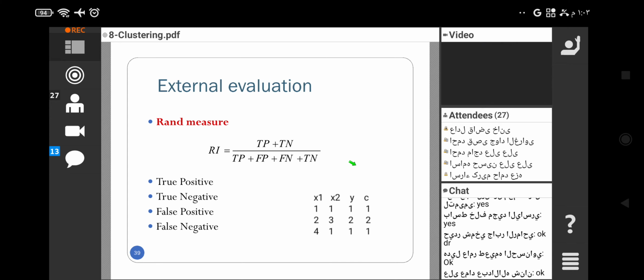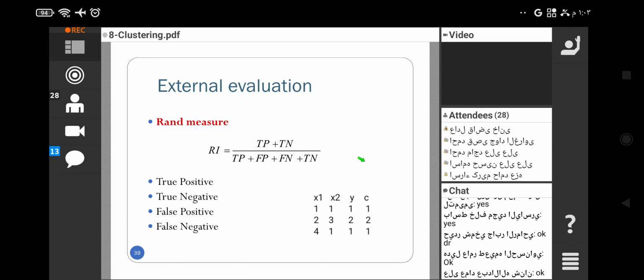The only point when we want to use this Rand measure is that we need to define which cluster is y equal to 1 and which cluster is y equal to 2. If we want to use the Rand measure, we have to say which cluster is which output.